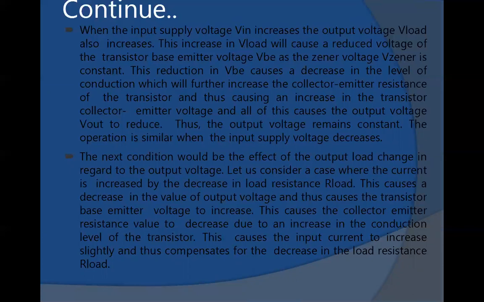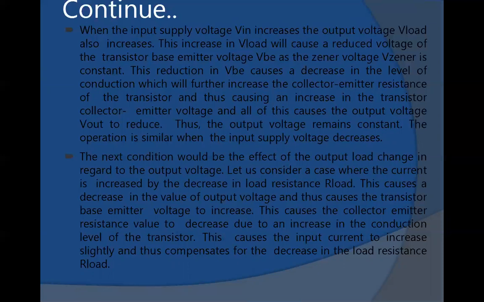The next condition would be the effect of output load change on the output voltage. Let us consider a case where the current is increased by a decrease in load resistance. This causes a decrease in the value of the output voltage and thus causes the transistor base emitter voltage to increase.